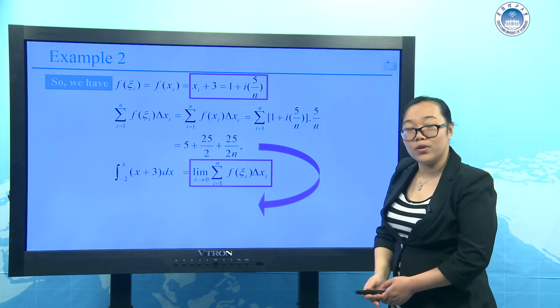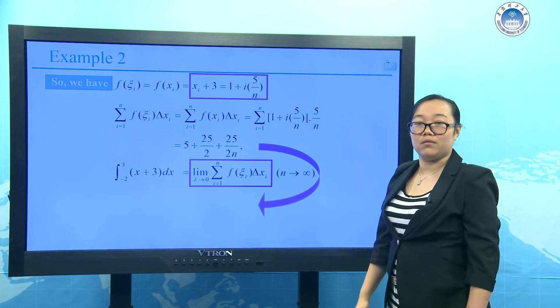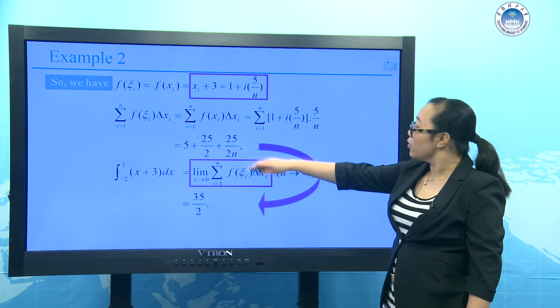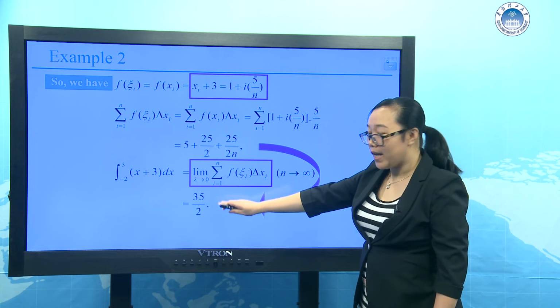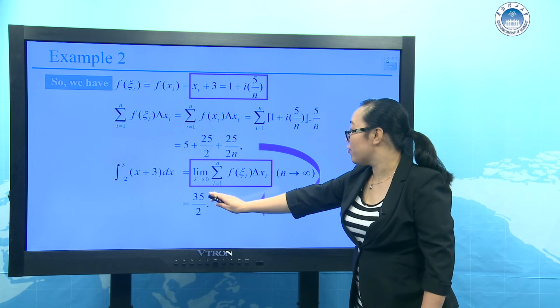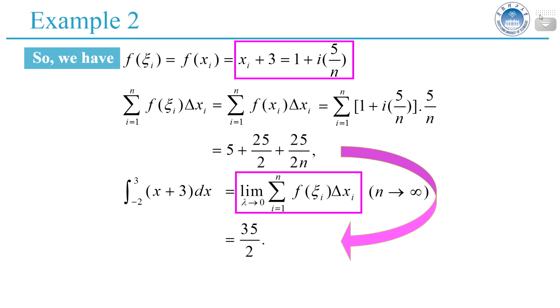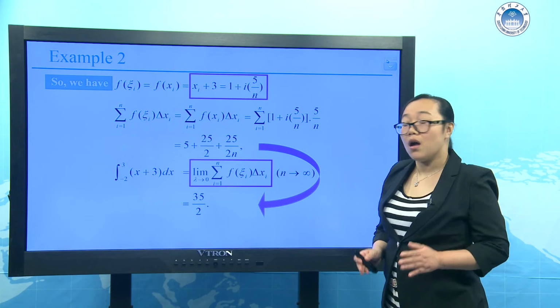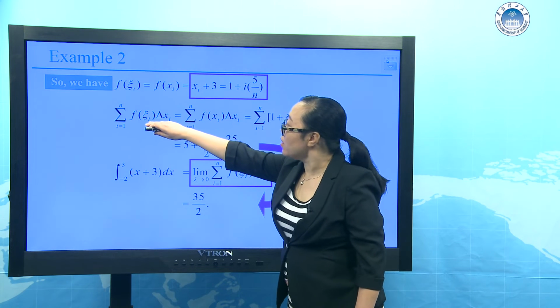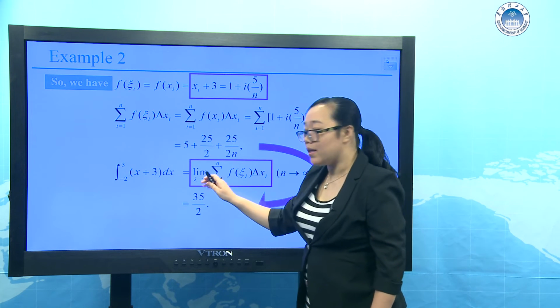So the final result, the limit, equals 5 plus 25 over 2, which is 35 over 2. It's our final result, meaning the definite integral value. Try to understand the idea of how to form the integral sum and how to compute the limit.